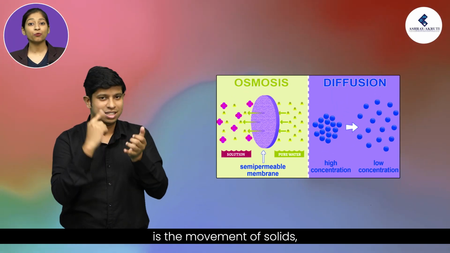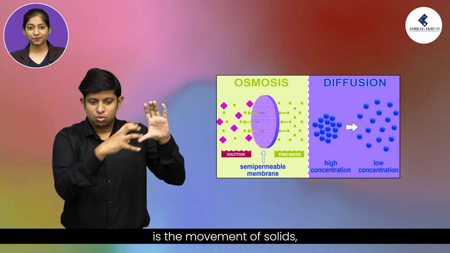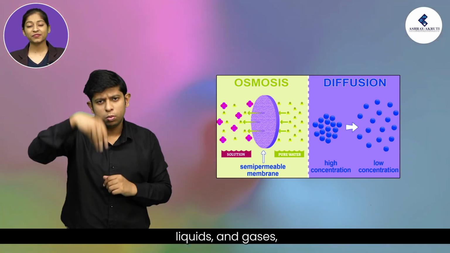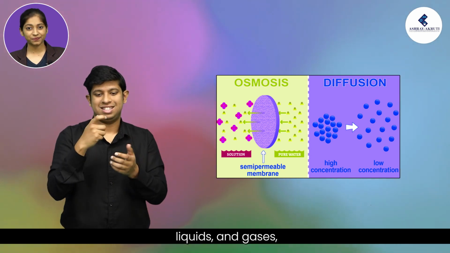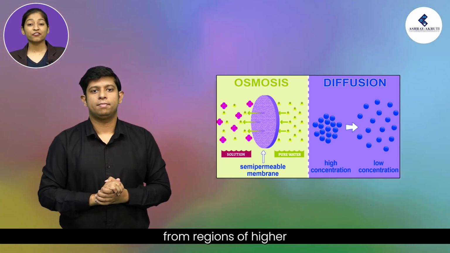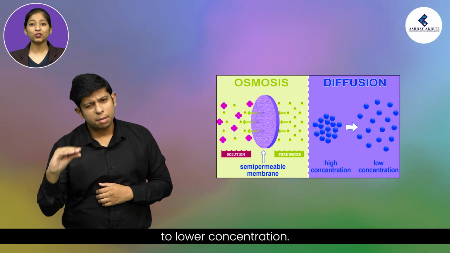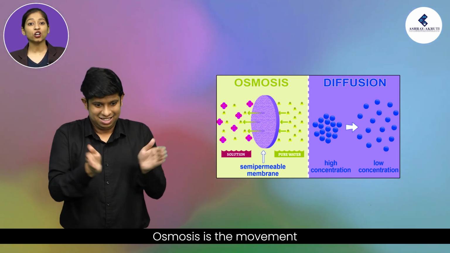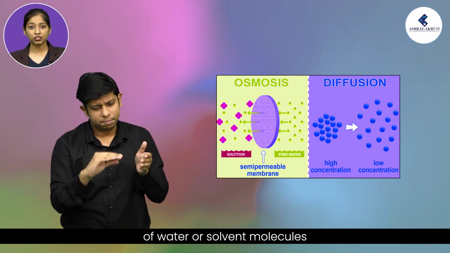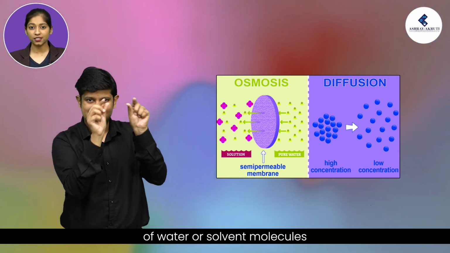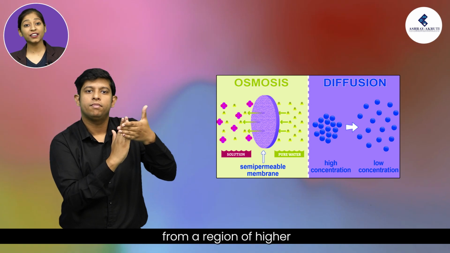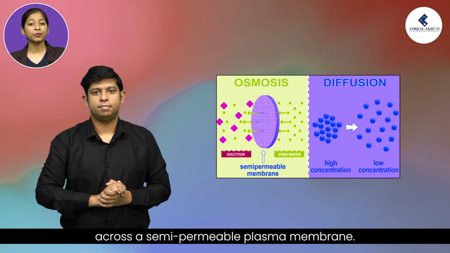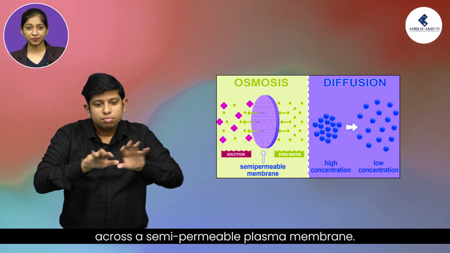Diffusion is the movement of solids, liquids and gases from regions of higher to lower concentration. Osmosis is the movement of water or solvent molecules from a region of higher to lower concentration across a semi-permeable plasma membrane.